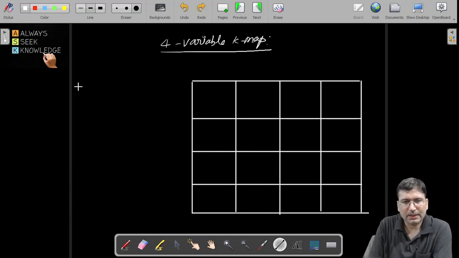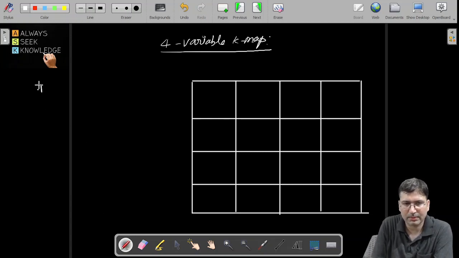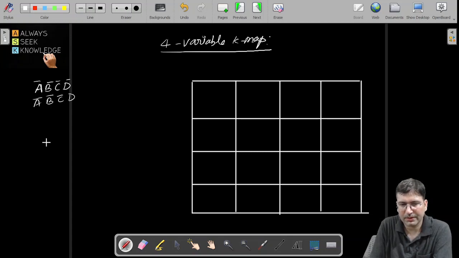So the combinations, you need to assume the variables. If you are having A, B, C, D, the combination will be A, B, C, D or bar. Then you have A bar, B bar, C bar, D, and so on.